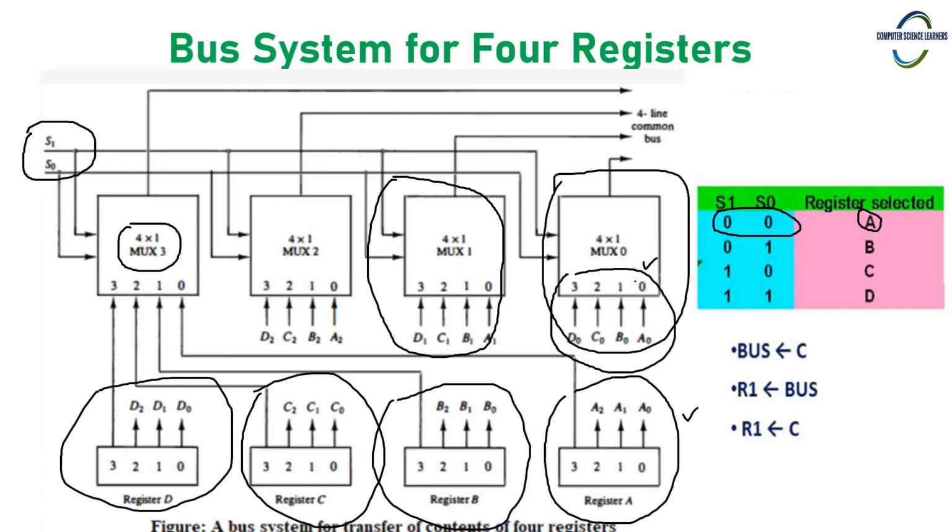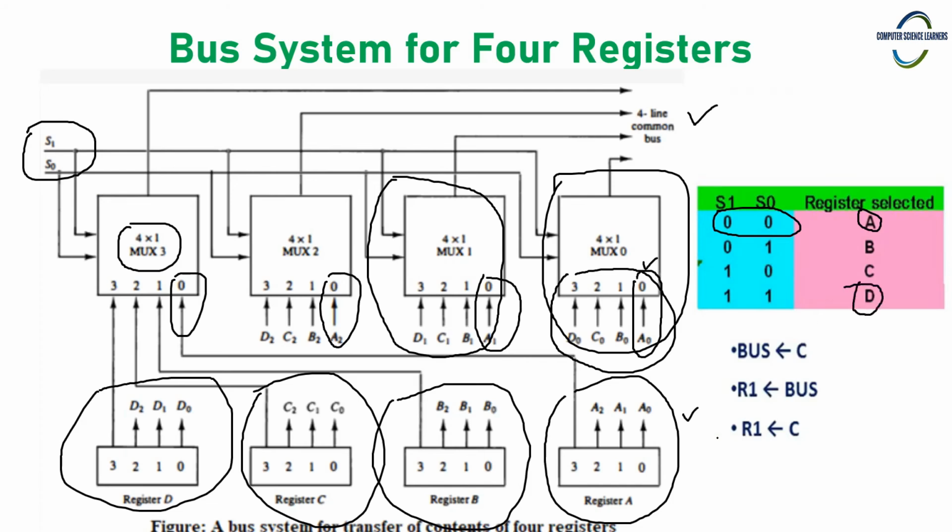At the first input line of every multiplexer, we are getting the data from register A: A0, A1, A2, A3. So when it is 0 0, the first input line is selected, and we get all the bits of register A on this common bus. Similarly, for 0 1, B is selected, 1 0, C is selected, and 1 1, D is selected.